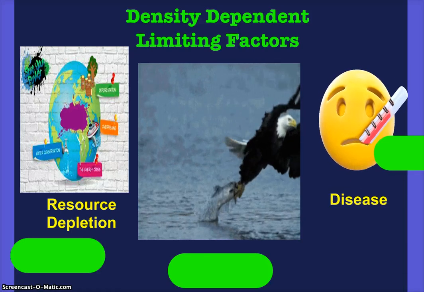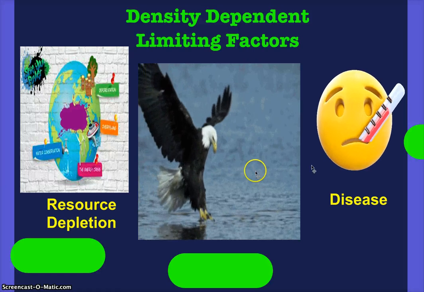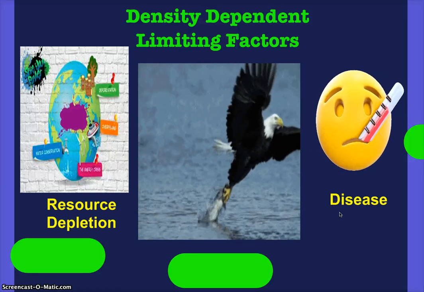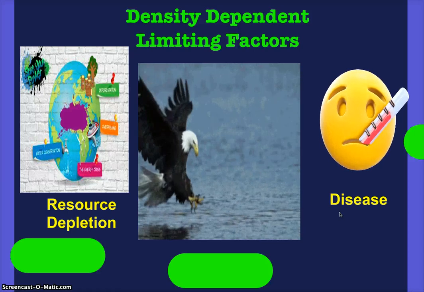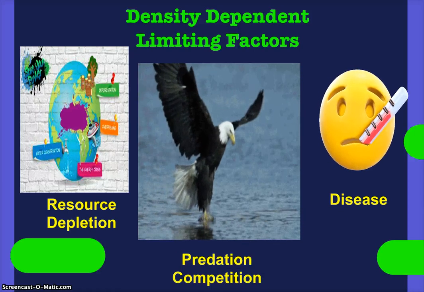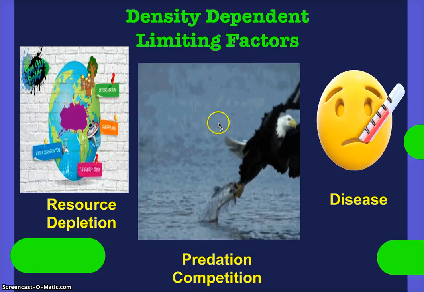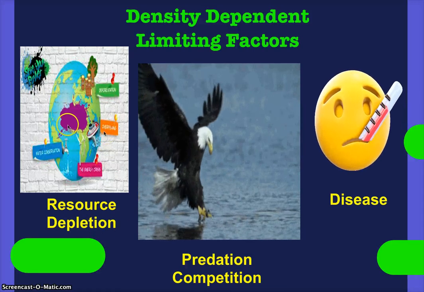Because a virus is dependent on a population to spread, right? Bacteria as well. What do you think this is? Is that a great GIF? What's happening? Predation, competition. Other organisms in general maintaining the balance of an ecosystem. So those things are definitely density dependent.